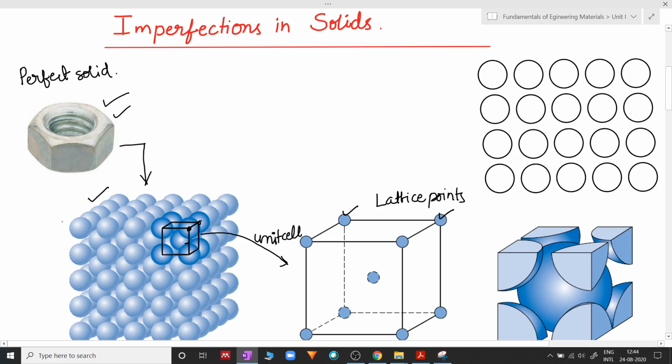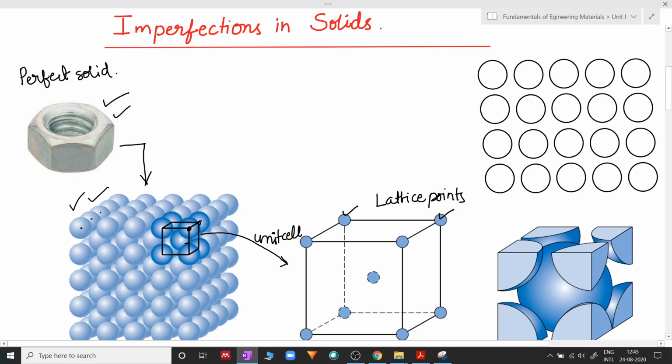It means in this proper arrangement, if I join the centers of all these atoms, I will get a lattice. A lattice is nothing but imaginary points where I can insert the atoms. Those are called lattice points.